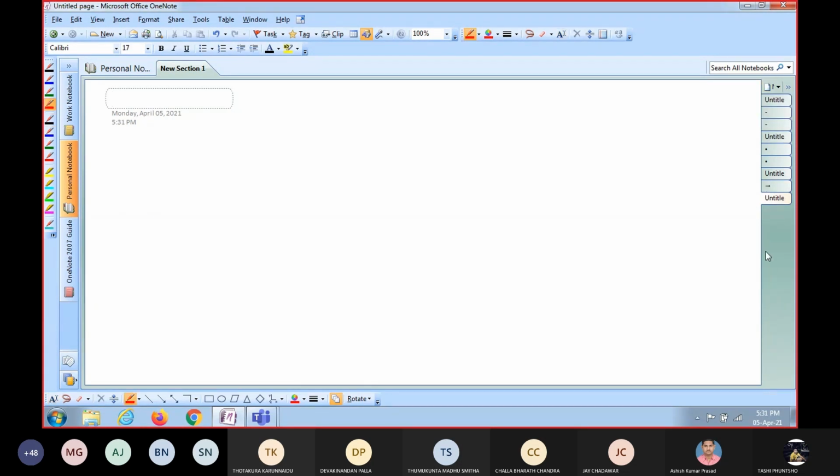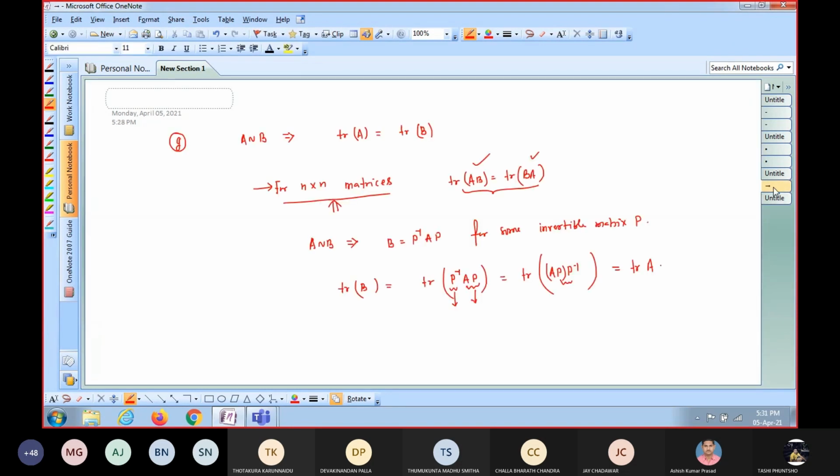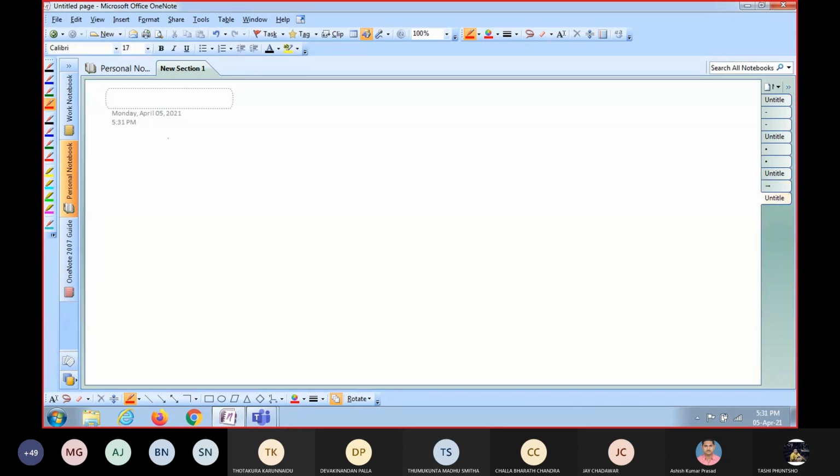Next property, this is H. If A is similar to B, then this implies A transpose is similar to B transpose. So I am going to use here the second definition.